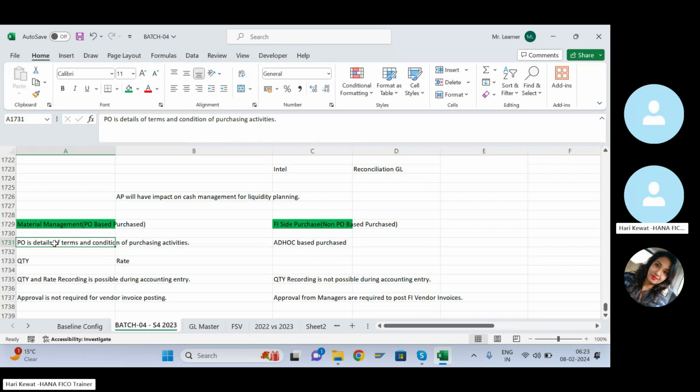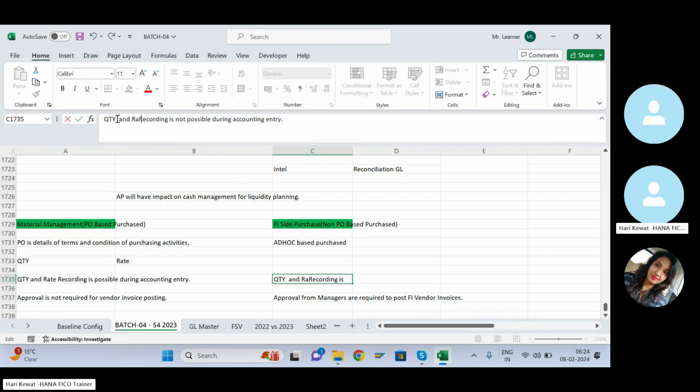The PO entails every detail. But on the FI side, generally you will not have any legal or formal document. It is generally ad hoc based purchasing, and quantity and rate recording is not possible on the FI side.